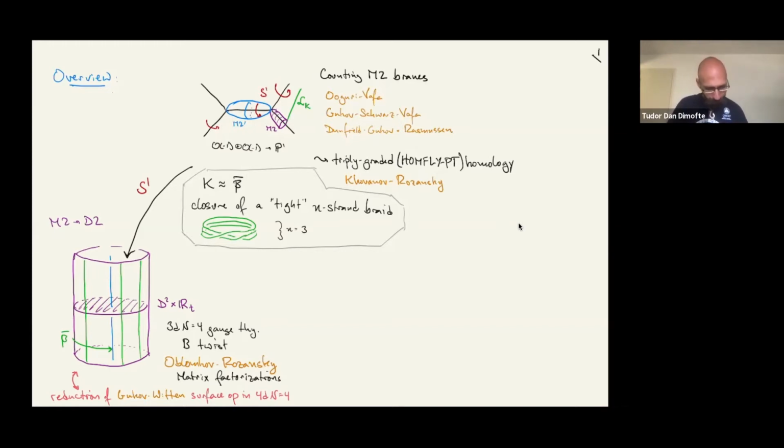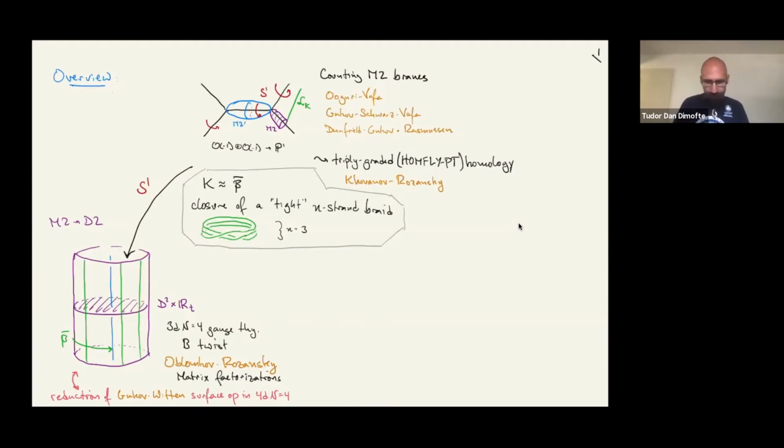An important motivation in the work of Oblomkov and Rozansky also came from looking at Gukov-Witten surface operators and work that Gukov and Witten did about braiding on surface operators. One can get to this 3D N=4 picture also by a reduction of 4D gauge theory with a surface operator. That is another way to get to the same thing.